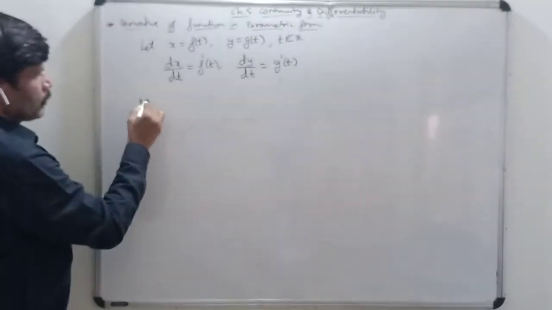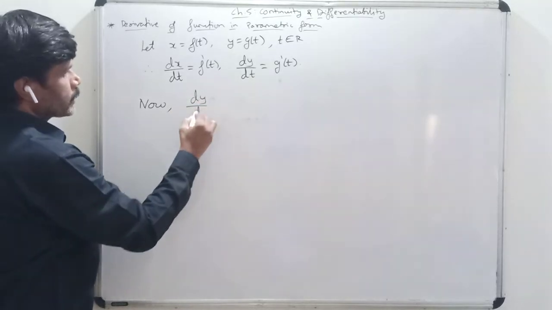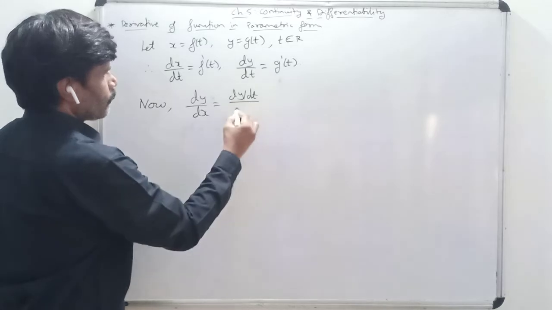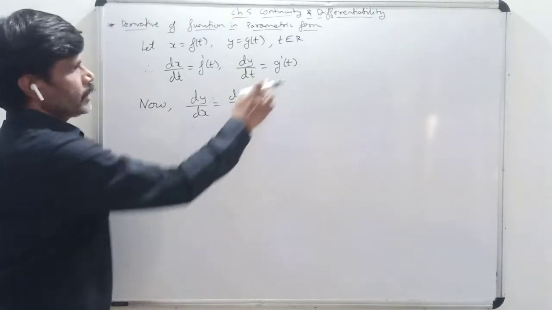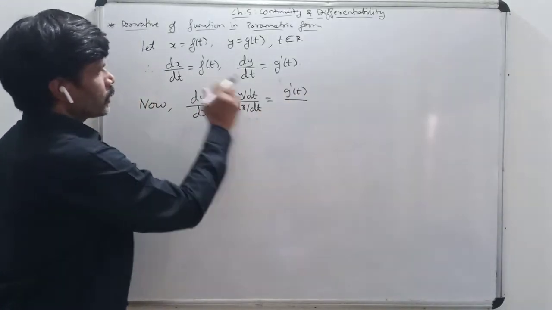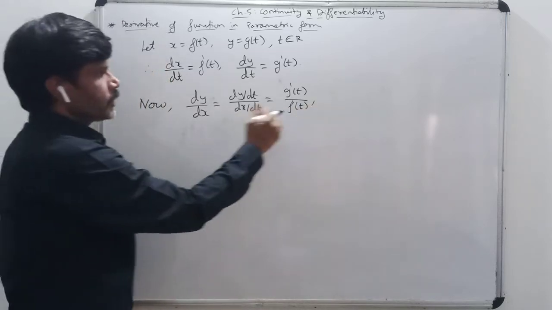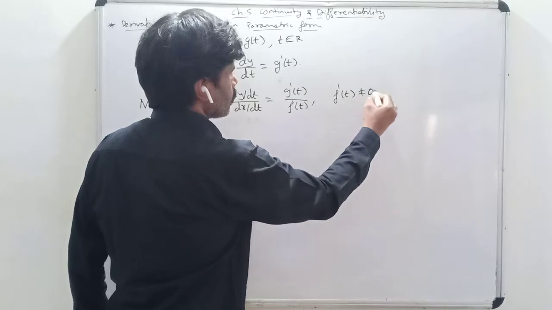Now according to the rule, dy by dx is equal to dy by dt upon dx by dt. So that is g dash t upon f dash t. Here the condition is the denominator should not be 0, meaning f dash t should not be 0.